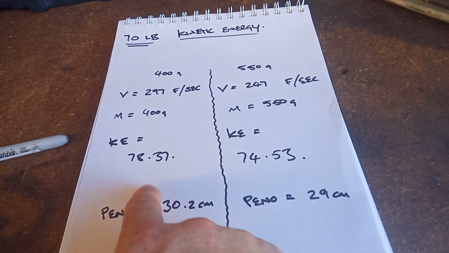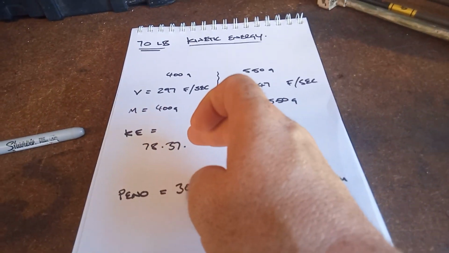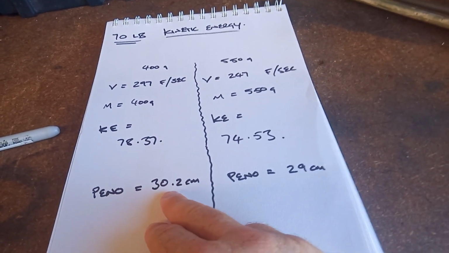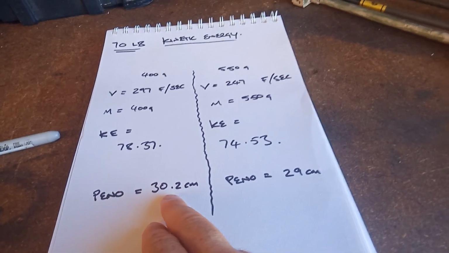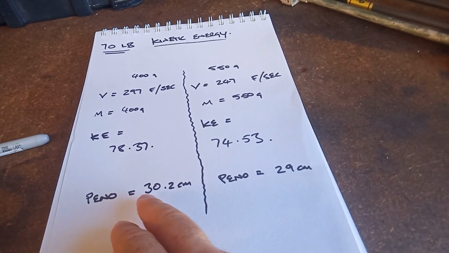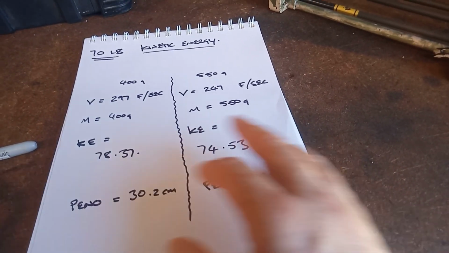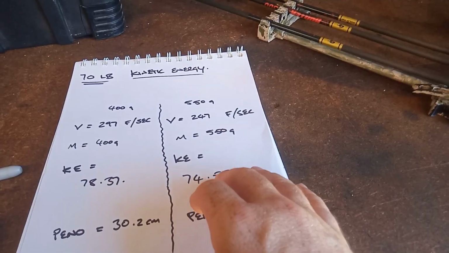The lighter arrow gave us a kinetic energy reading that correlates to the small improvement that we can see in penetration here. It penetrates slightly better than the heavier arrow does, and it also has slightly more kinetic energy.